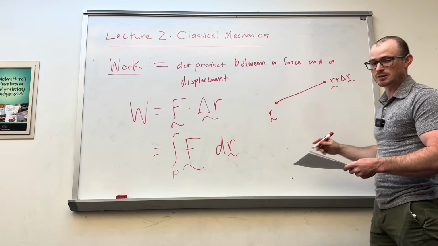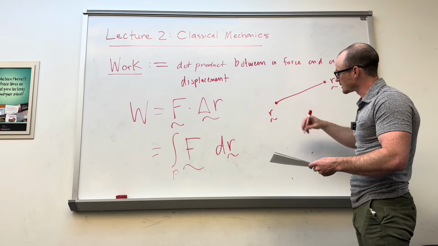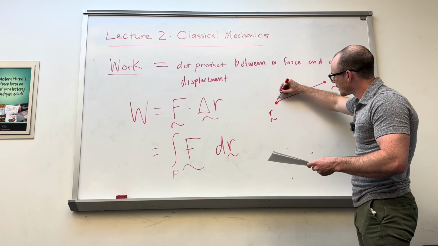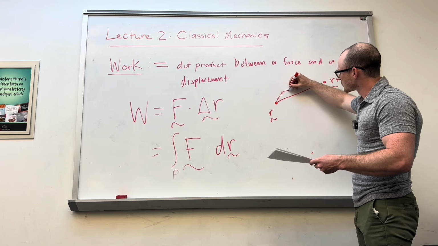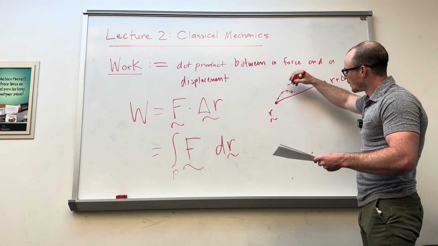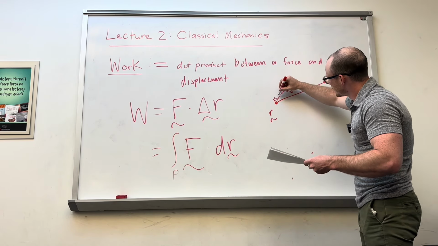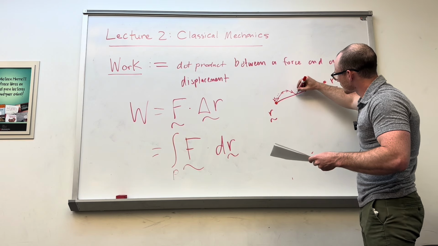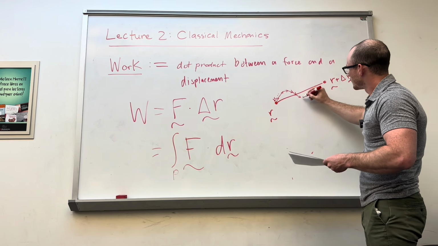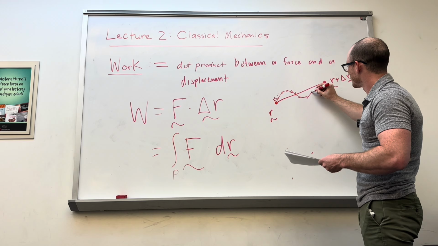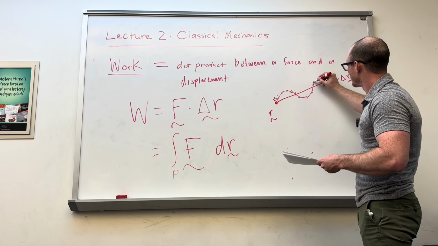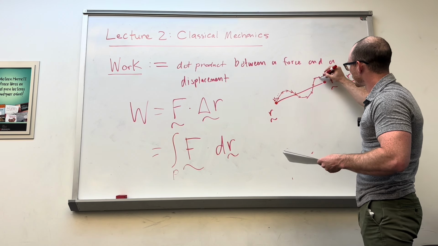The second equation, depending on what path the particle takes, is actually just adding up a set of differential displacements of these f dot drs, so these little drs. It's adding these up along the path until we get to our final point.